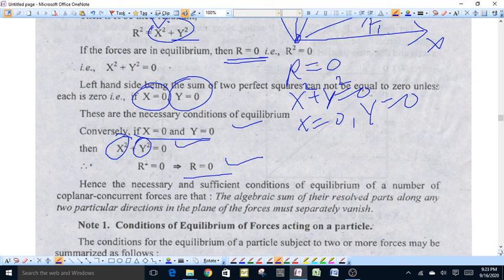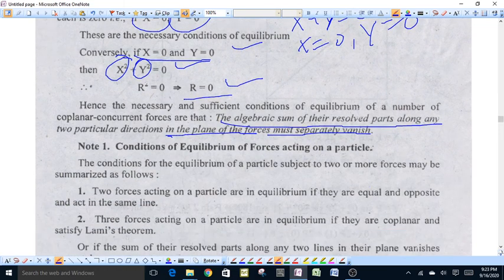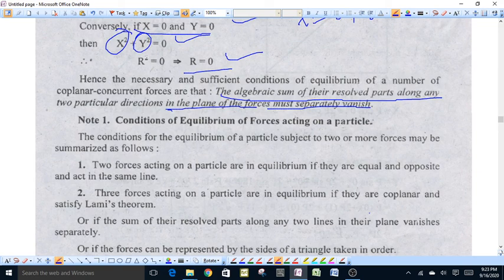The necessary and sufficient condition of equilibrium of any number of forces which are coplanar and concurrent is that the algebraic sum of their resolved parts along any two perpendicular directions in the plane of the forces must separately vanish. That is, the algebraic sum of the x components of all the given forces must be equal to 0 and the algebraic sum of the y components of all the given forces must be equal to 0.